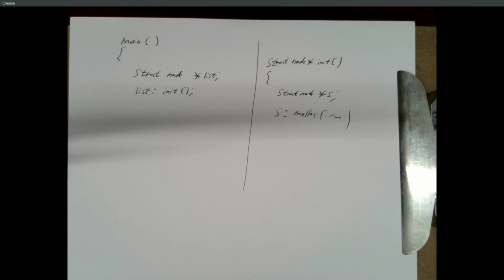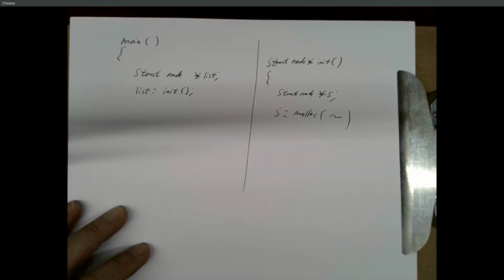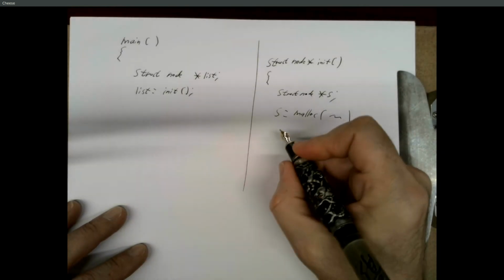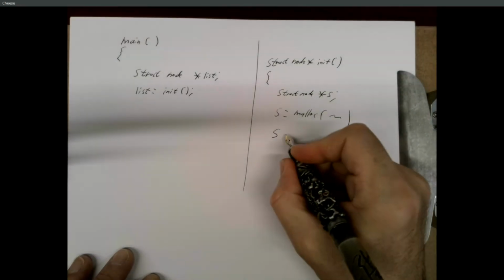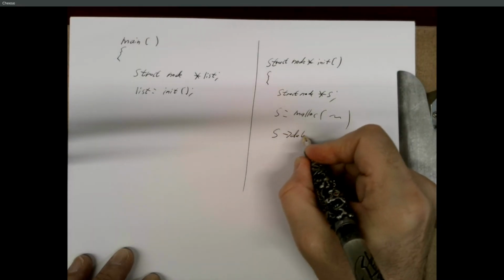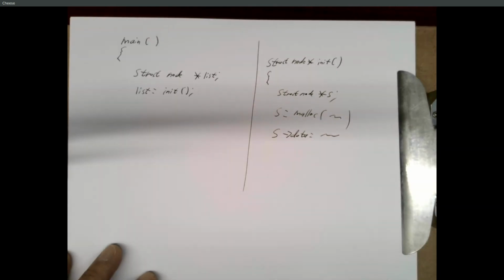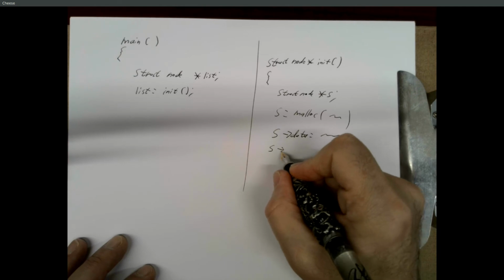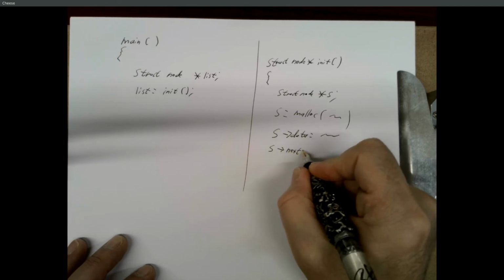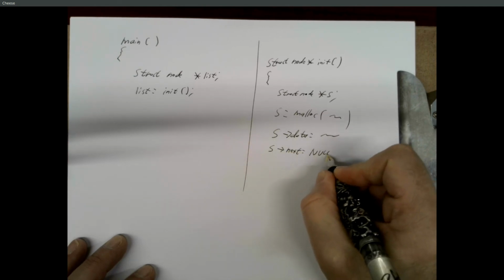So now S is pointing to an actual block of memory that can hold a struct node. And we want to set the data field to something that we recognize maybe. So instead of list bracket 0 dot data, this is S arrow data. Whatever you want to put in there. And instead of list bracket 0 dot next, this is S arrow next. And instead of my null, it's null.